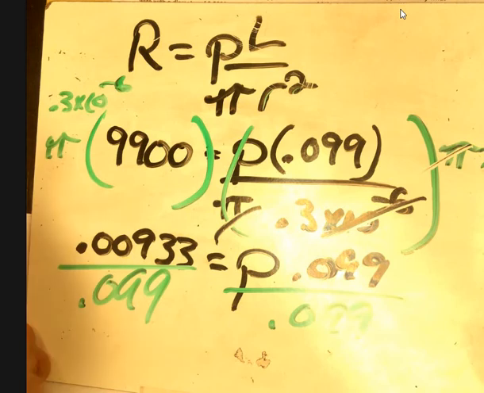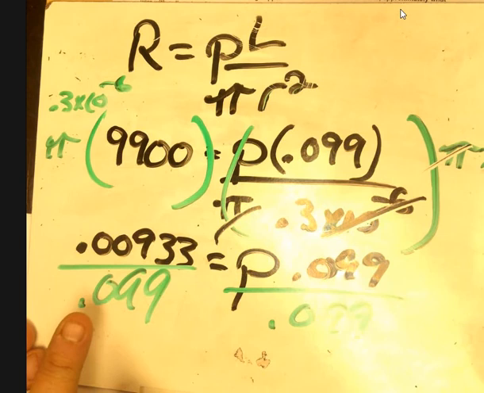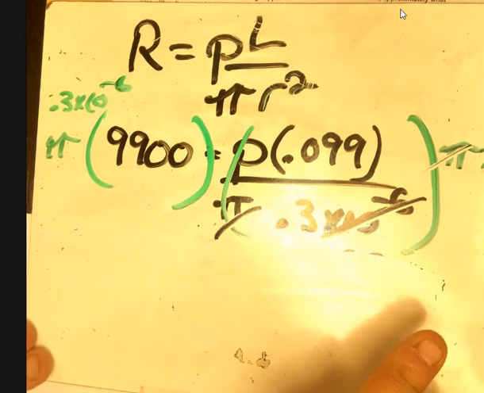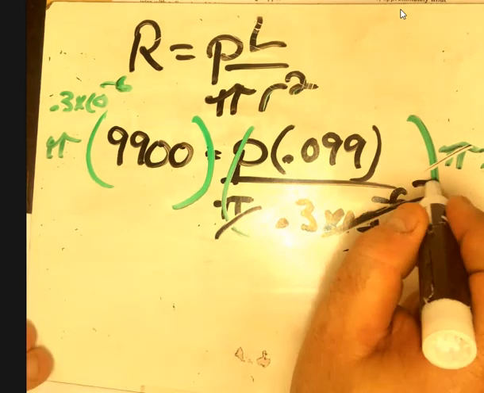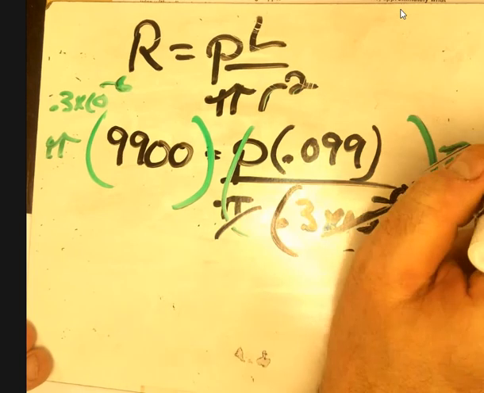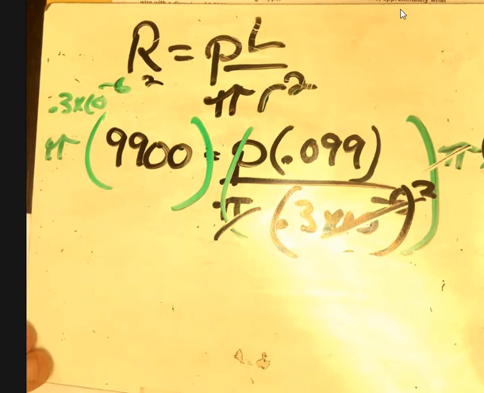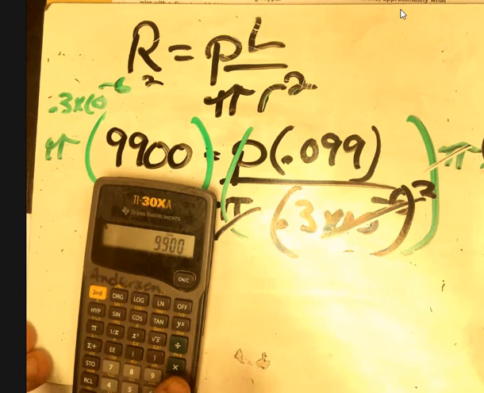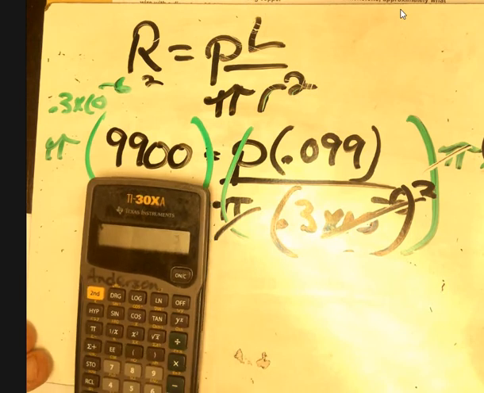Whoops, I forgot to square this. Drat. Okay, we gotta back up here a little bit. This should have been squared. So I needed to have that squared and this squared over here. Okay, so we just have to redo that last step. 9,900 times pi times 0.3 EE negative 6 squared equals.